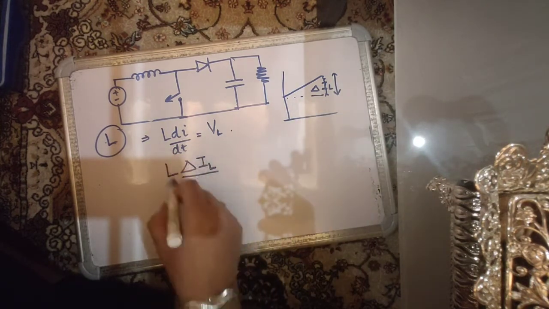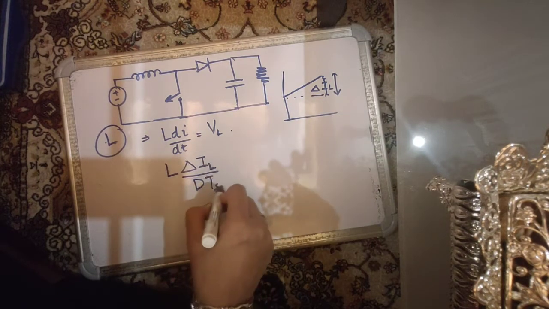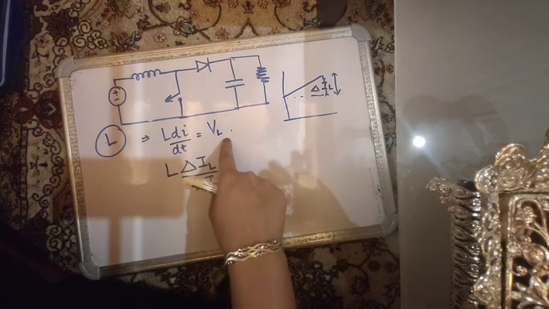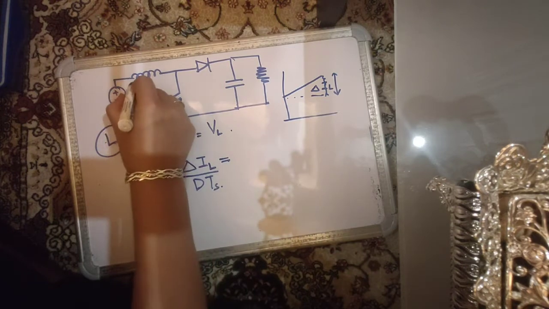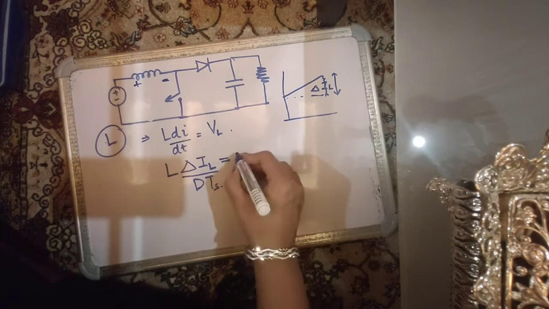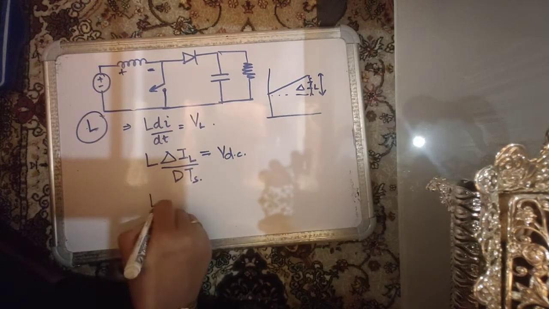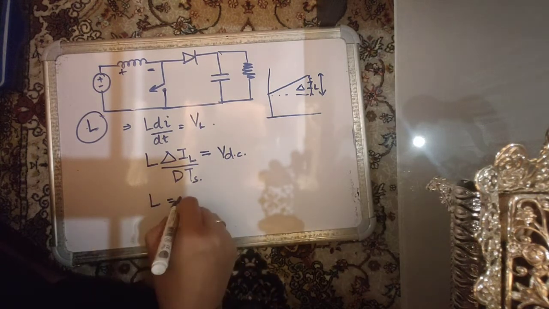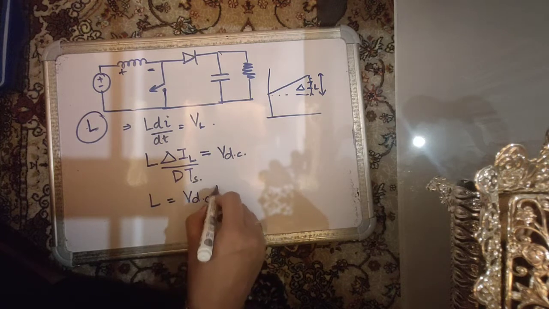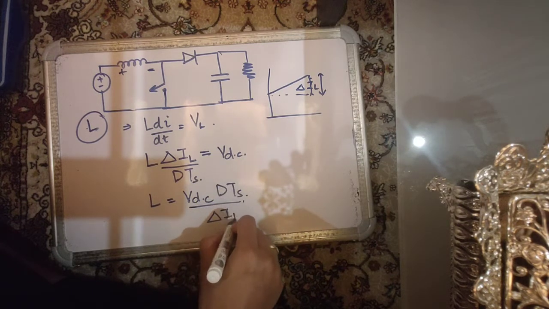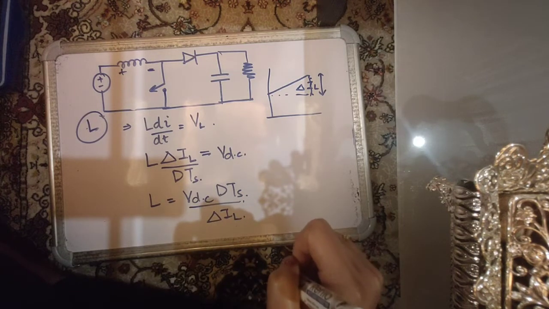And let me take the whole interval as DTs. जिस टाइम में डेल्टा IL की चेंज आती है उस टाइम पे your voltage across the inductor is directly VDC. So this is VDC. So if I design L, it will be VDC into DTs divided by delta IL, right?